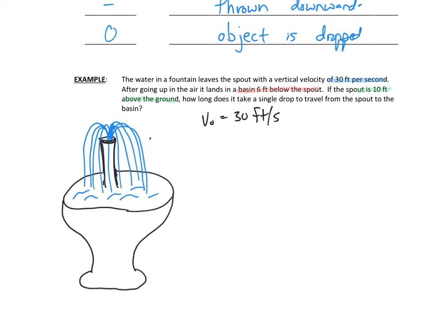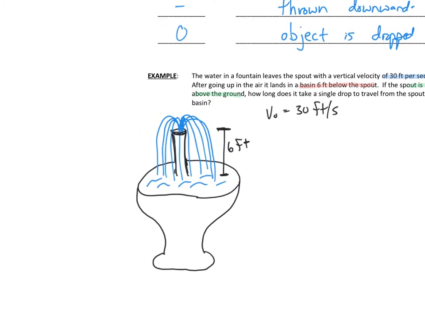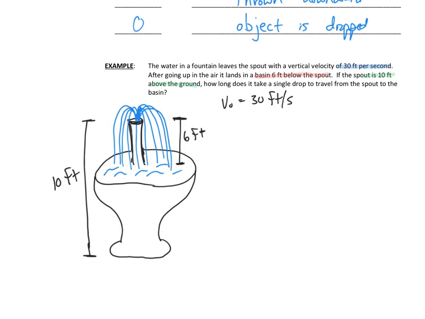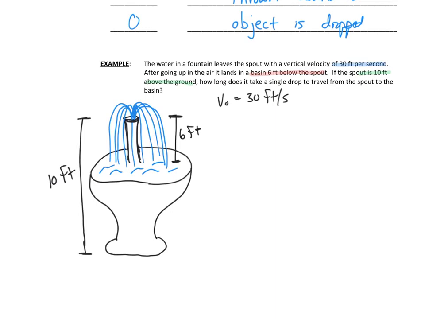So from the spout to the basin is 6 feet. If the spout is 10 feet above the ground, so from the spout to the ground is 10 feet, how long does it take a single drop to travel from the spout to the basin?